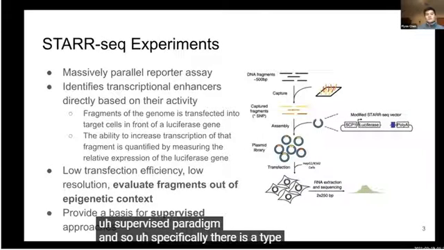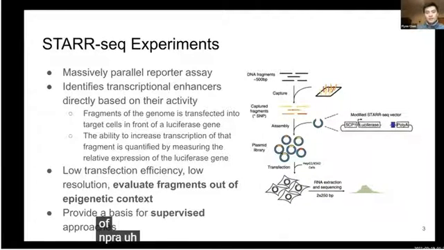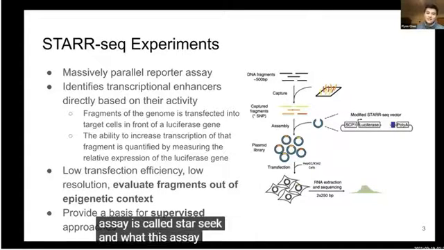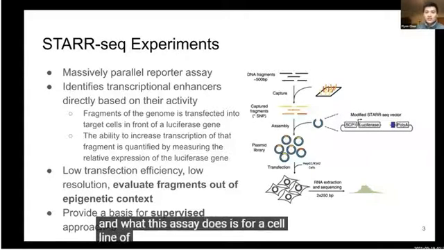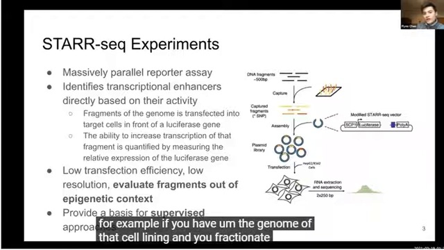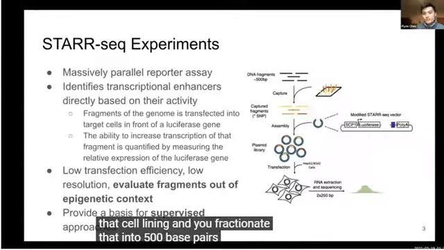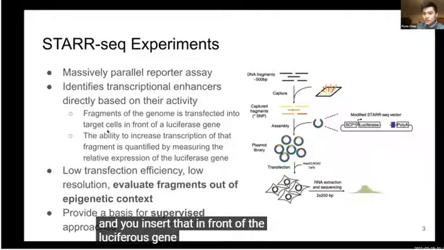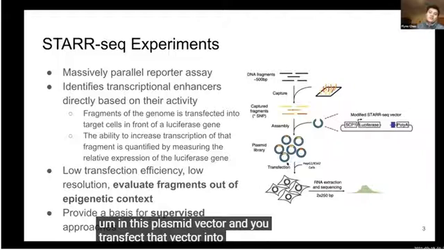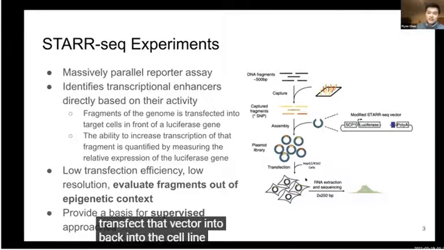Specifically, there is a type of MPRA, massively parallel reporter assay, called STARR-seq. What this assay does is, for a cell line of interest, you take the genome of that cell line and fractionate it into 500 base pair fragments, and you insert those in front of the luciferase gene in a plasmid vector, and you transfect that vector back into the cell line of interest.